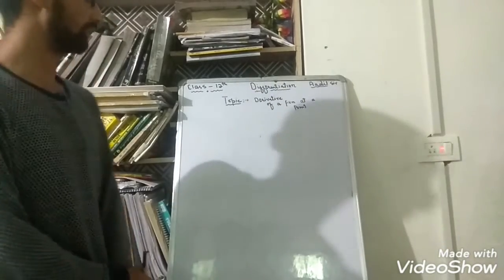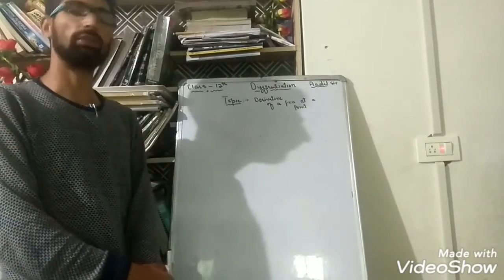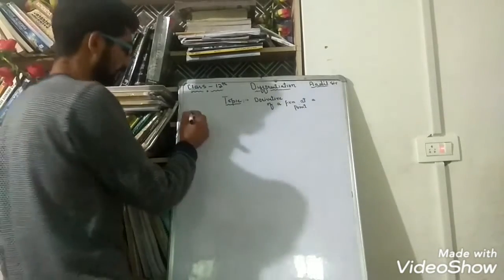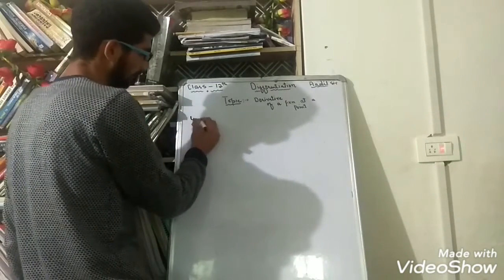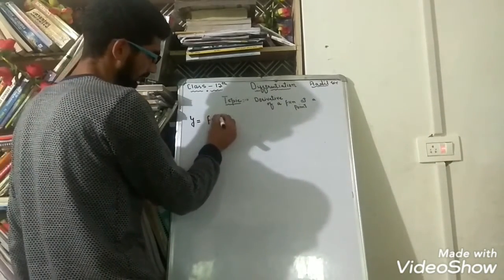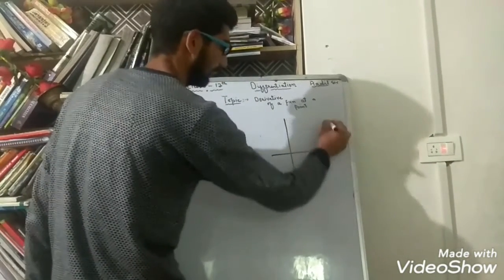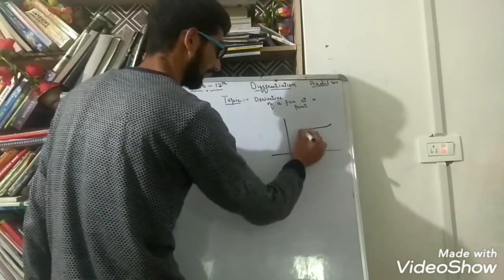find out what actually the increment of a variable means in mathematics. If we have a function y equal to f of x, for example, this is my f of x and this is my point x.